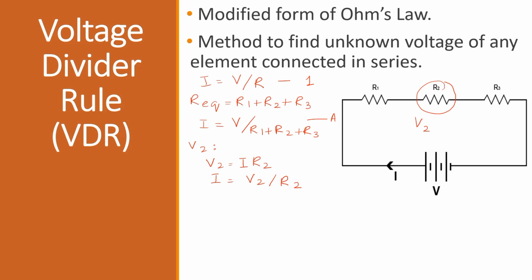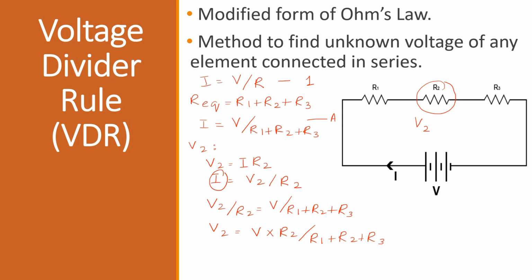Now, by putting this value of I in equation A, we get V2 divided by R2 is equal to V divided by R1 plus R2 plus R3. By rearranging, we get V2 is equal to V multiplied by R2 divided by R1 plus R2 plus R3.